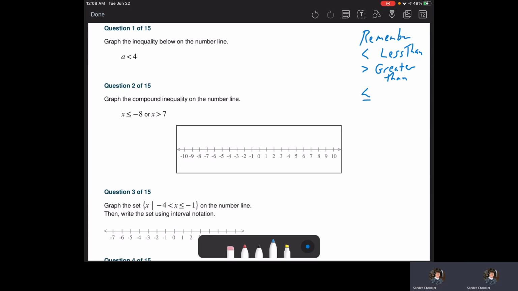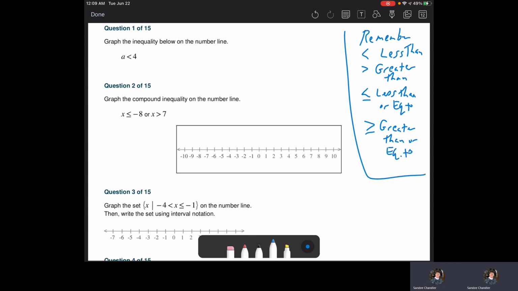If you have half the equal sign underneath, it's less than or equal to. If you have the greater than with half the equal sign under it, then it's greater than or equal to.